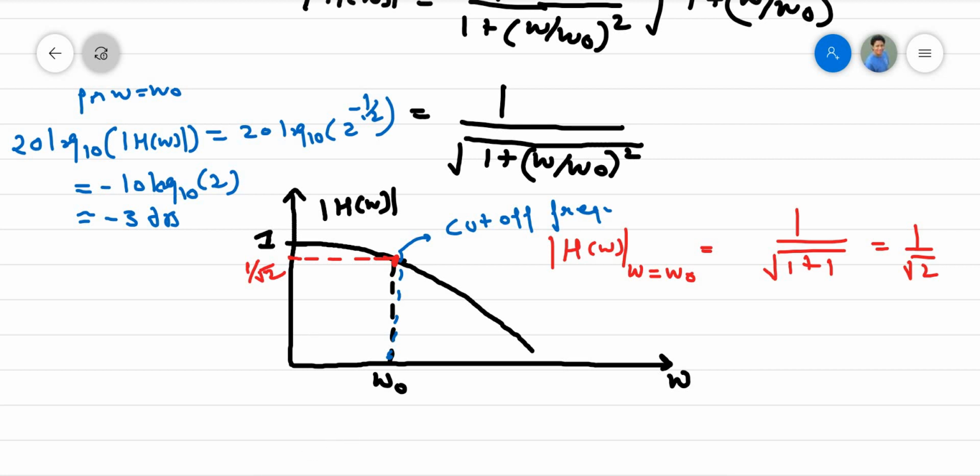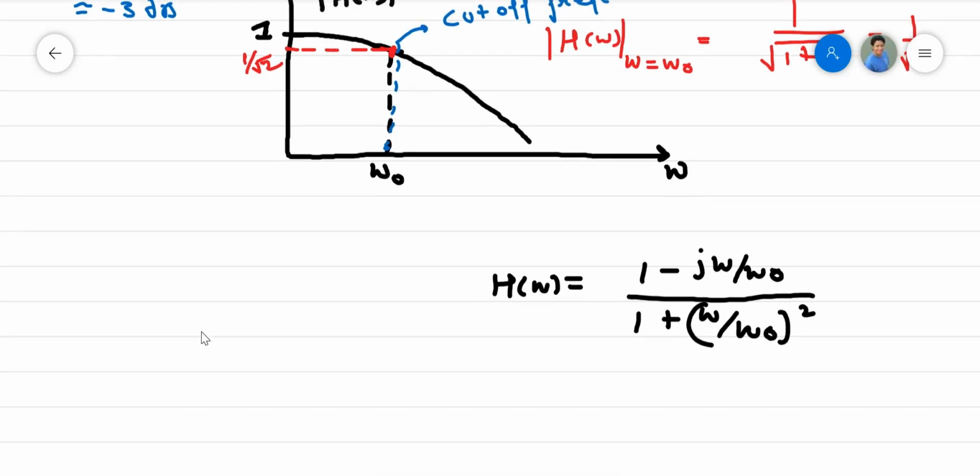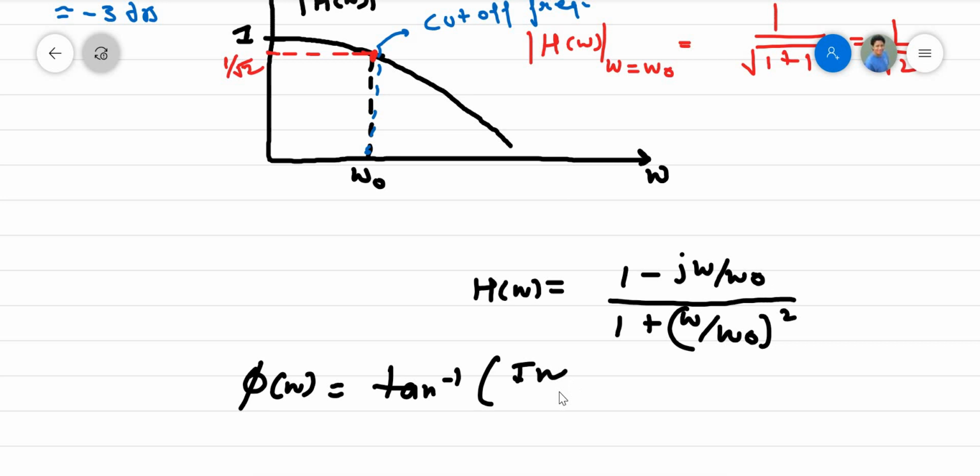Now another important aspect of this relation is the phase part. We have H(omega) equals 1 minus j omega over omega naught, over 1 plus (omega by omega naught) squared. Then we can find the phase, phi of omega, which is tan inverse of the imaginary part over the real part.